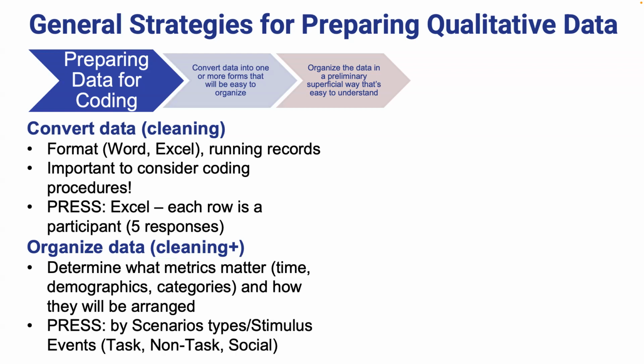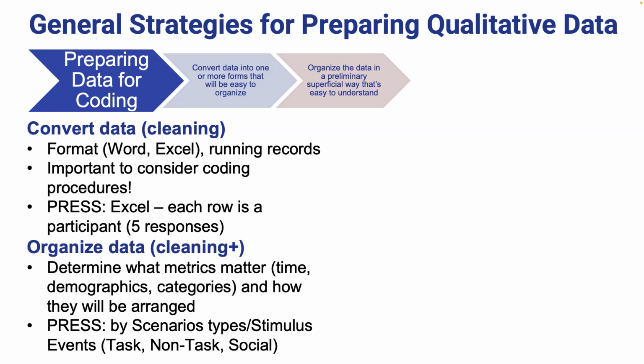And so for the press, what we did was the scenarios were created, and those are the stimulus events, for those who are obsessed with my model, so just me. We did task-related scenarios, non-task, and then social.